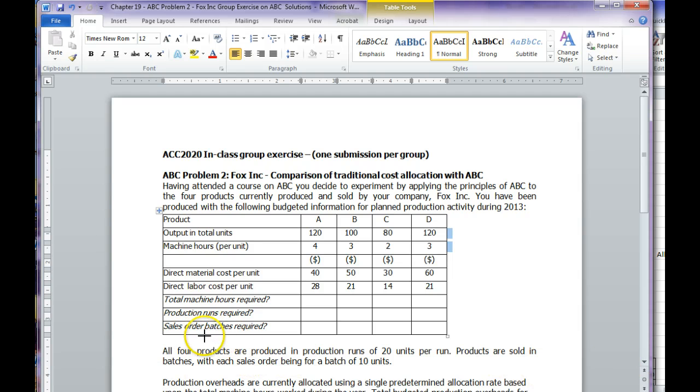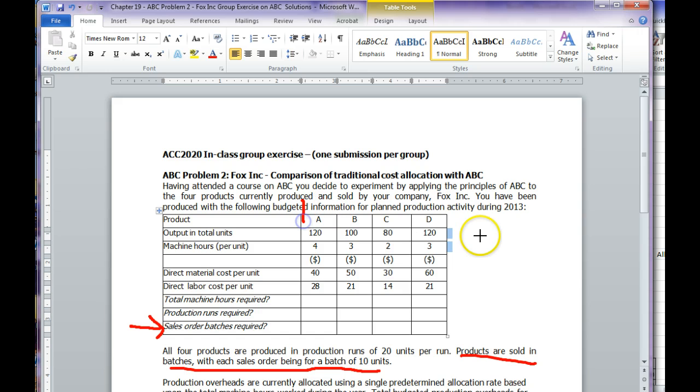And now we have sales order batches required. This is a little wordy and complicated, but what we're saying here is that we're selling them in groups of batches. We're not just selling one unit. Kind of like a 6-pack, right? You could sell just a beer, but you're selling 6 in a package or 24. So what we have here, products are sold in batches with each sale being for a batch of 10 units.